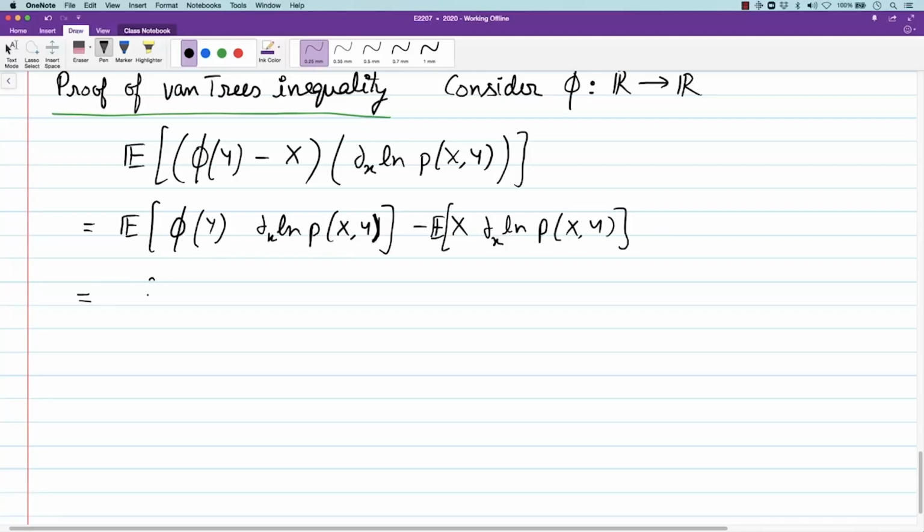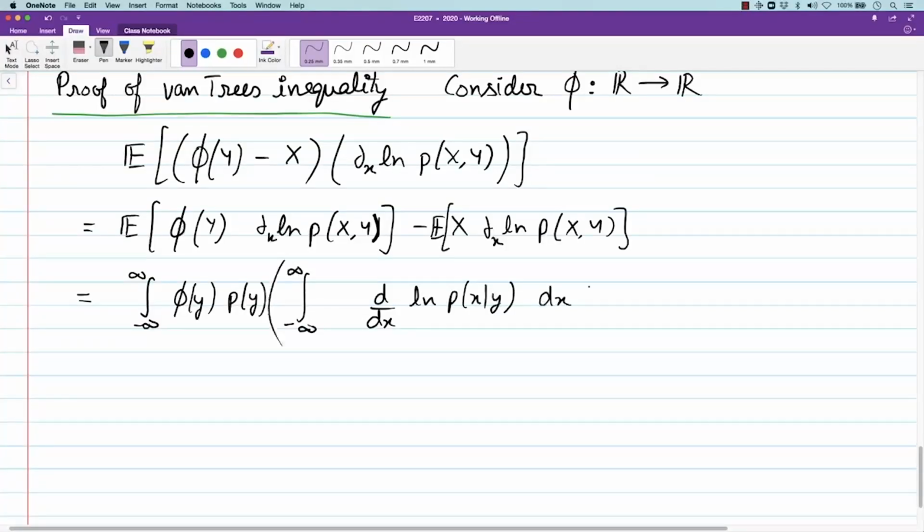This can be written as the integral from minus infinity to infinity of phi of y, p of y. Remember, y is the output, but we are still doing p of y. And then the integral from minus infinity to infinity of the derivative with respect to x of log of p of x given y, dx dy.